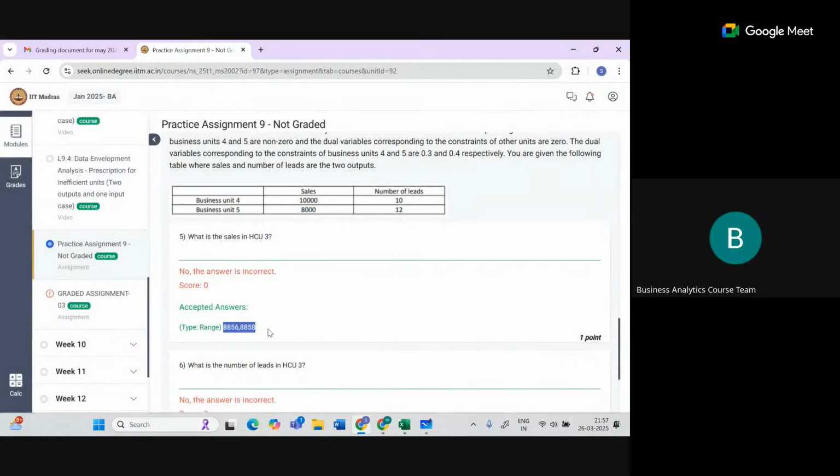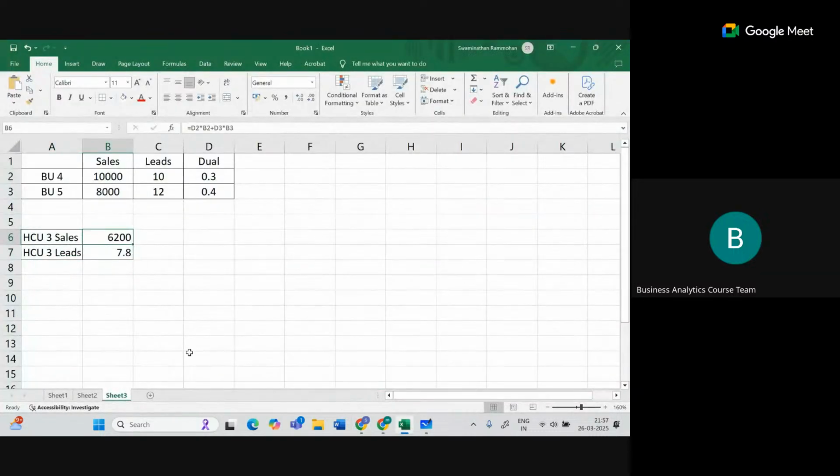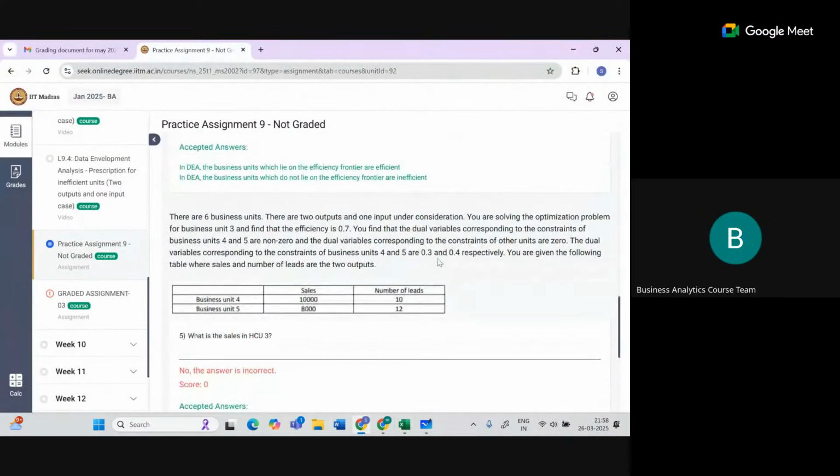Look at the answer given here, 8856 to 8858. Look at our answer. So this is wrong. Where are we making the mistake? We have to make it efficient. So first we have to multiply with 0.3 upon 0.7, not divide directly. The first thing you have to check is whether the dual variables add to 1.